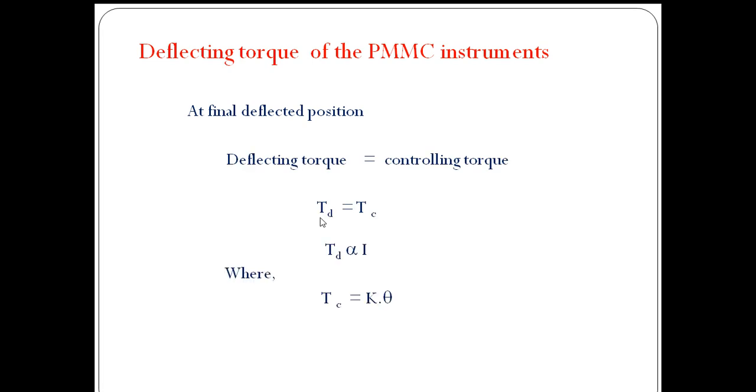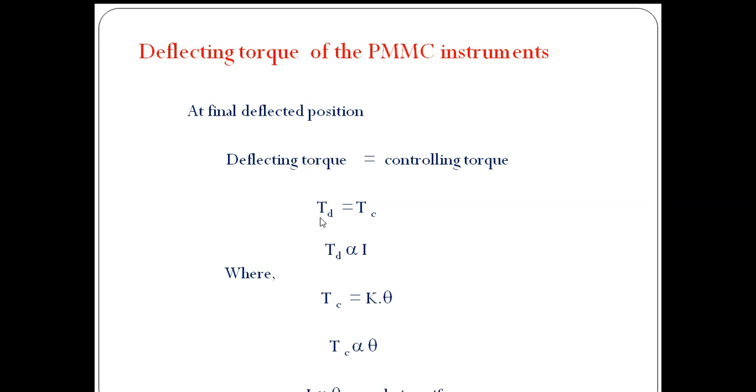So at final deflection position, the deflecting torque is equal to the controlling torque. TD is equal to TC, where TD is directly proportional to I and TC is directly proportional to theta. Therefore, I is directly proportional to theta.